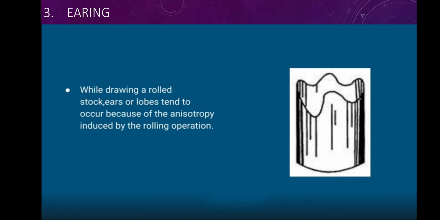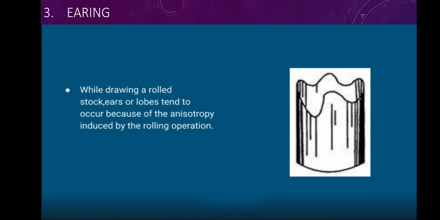Knowledge about ear formation in the deep drawing process allows a prior modification of the process, which can result in a defect-free final product with financial and time saving. See this diagram, it explains. When the drawing is of rolled stock, ears or lobes tend to occur because of the anisotropy induced by the rolling operations.